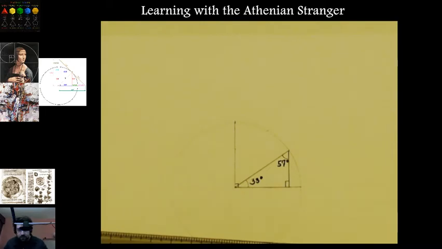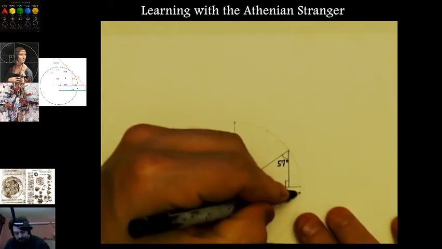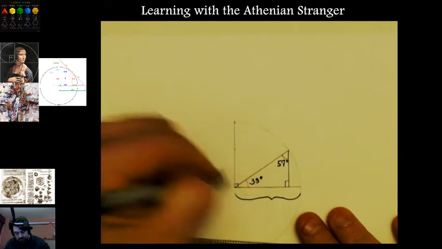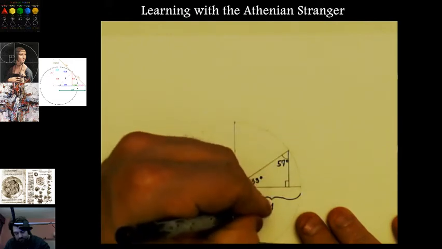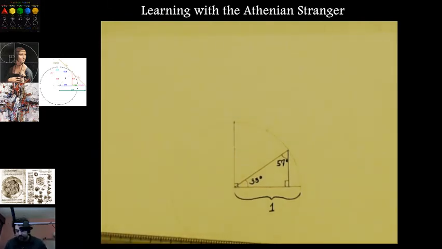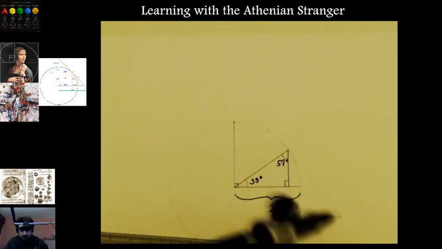And just like the other triangle, this is still radius 1. All right. So if I'm doing the radian calculation, remember we said it was 33 pi over 180.